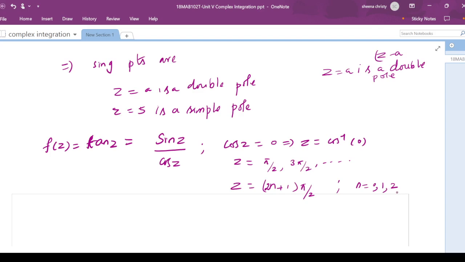Now, these are all singular points. Do you have an infinite number of singular points or finite? You are having infinite.